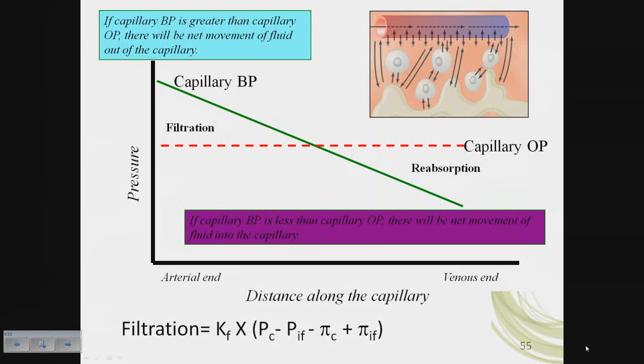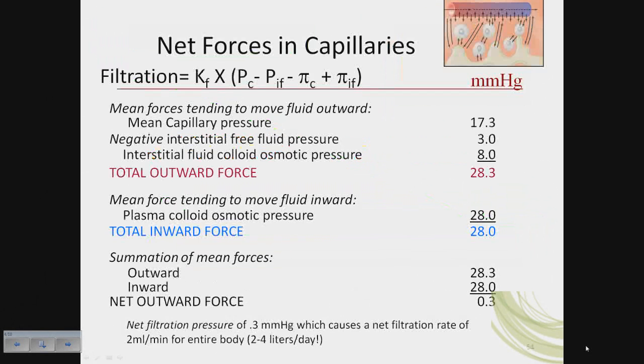And the answer is no. The answer is, my friends, here on the previous slide, if we take all these forces throughout the entire capillary bed, we still see that the capillary hydrostatic pressure outmatches the colloid osmotic pressure, such that there is a net outward filtration, meaning we have more fluid leaving than re-entering.